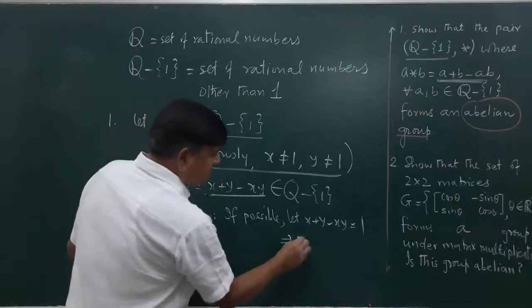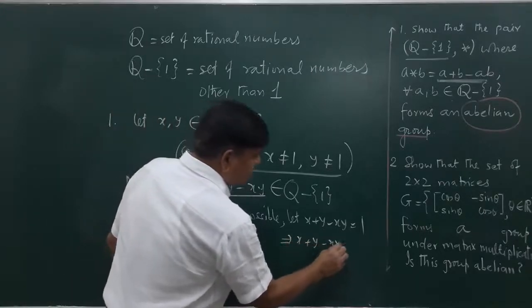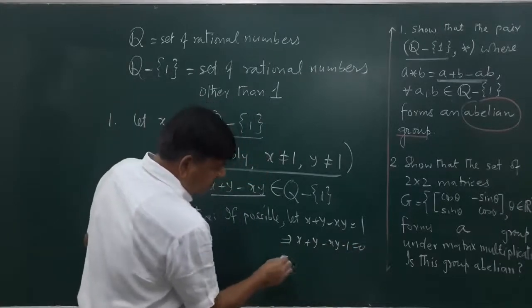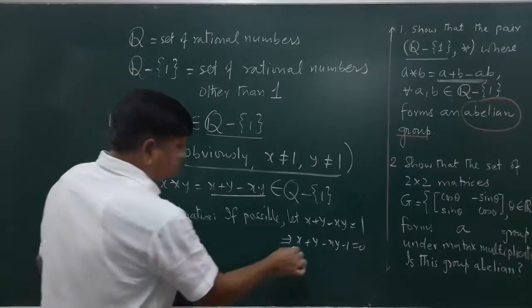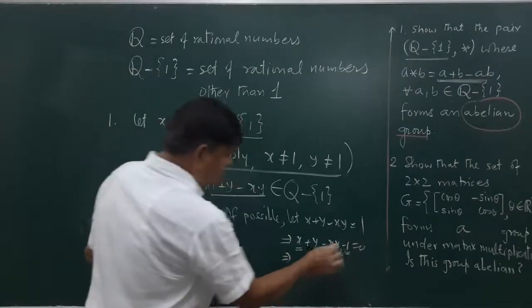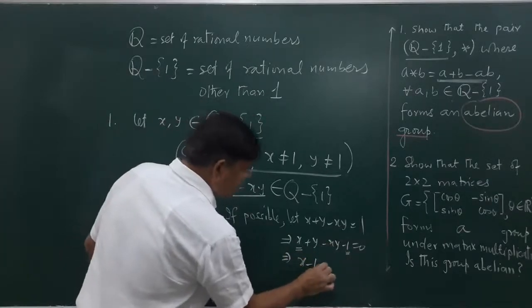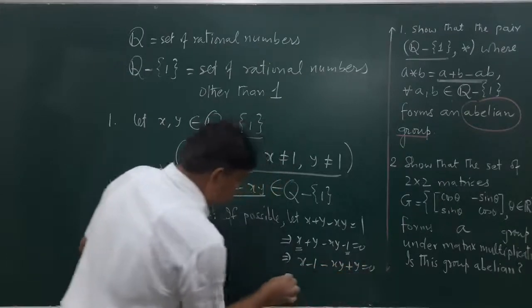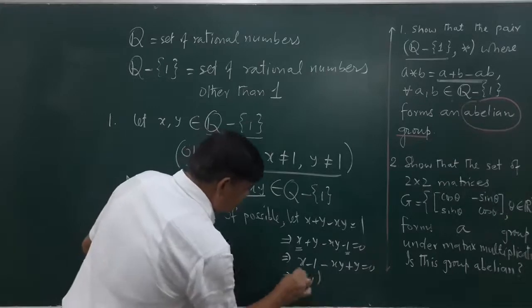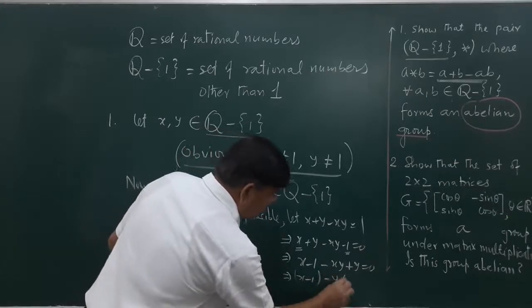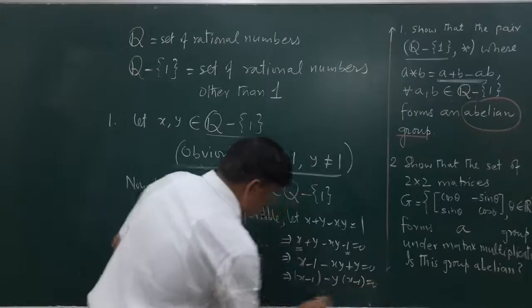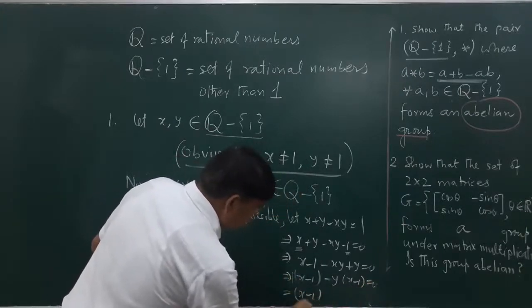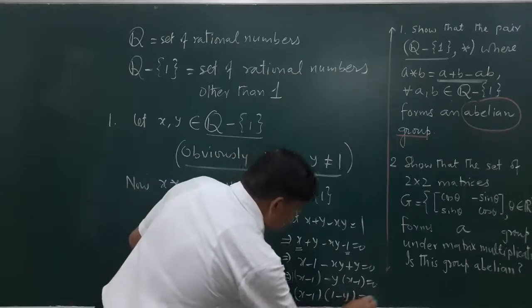This implies x plus y minus xy minus 1 equals 0. I consider the pair here, I take this and this together. So it is x minus 1, then minus xy plus y equals 0. Then it is x minus 1, minus y common, then x minus 1. Then it is 1 here, so it is (x minus 1)(1 minus y) equals 0.